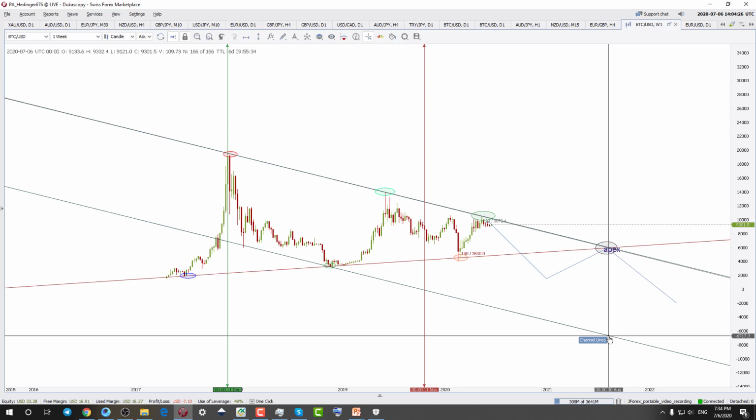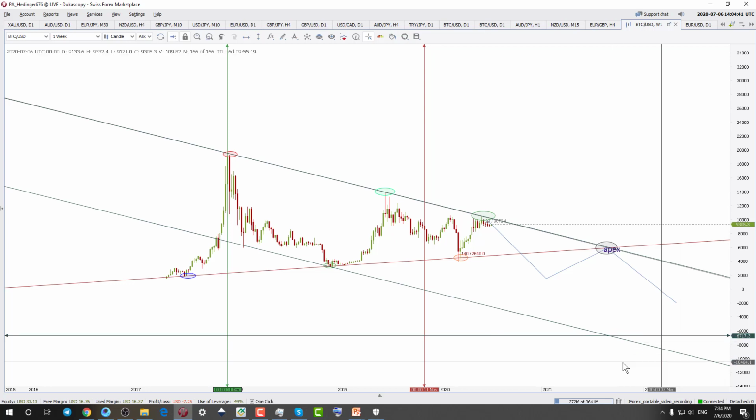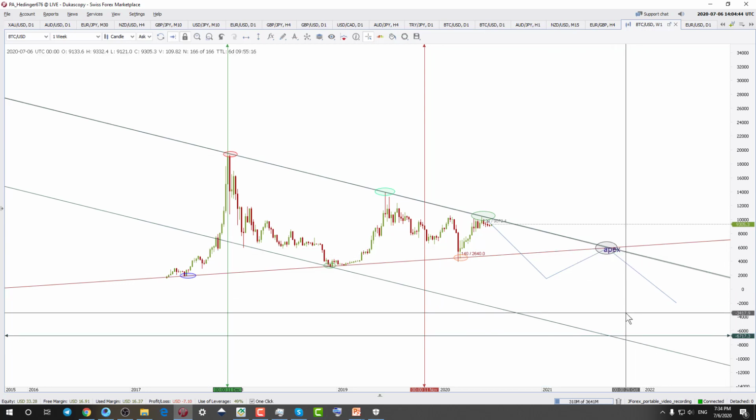So 6773 will be our target, approximately this level. So this will be your target.